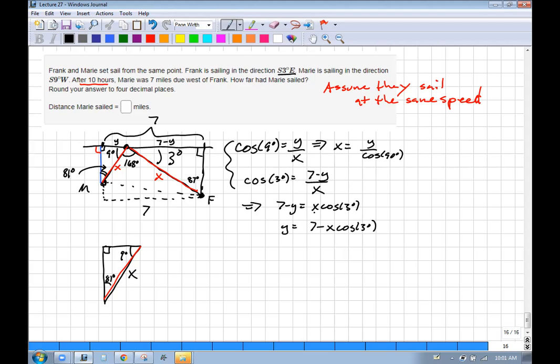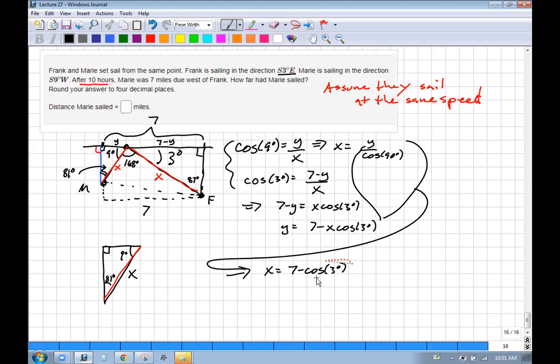So I could substitute that in up here. If I did that, these two tell me that x is 7 minus x cosine 3 degrees over cosine 9 degrees.